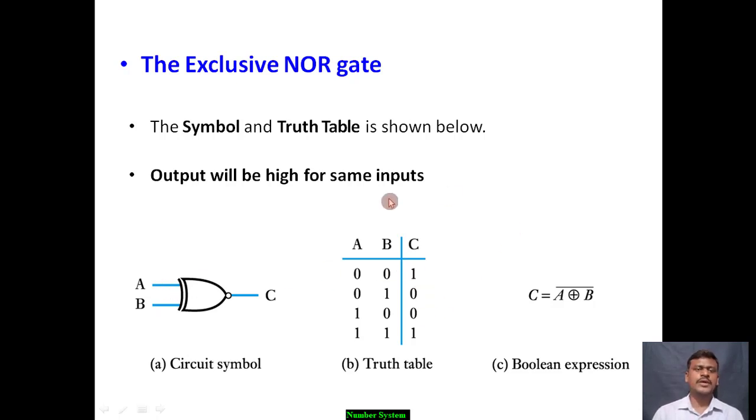So this is how an exclusive NOR gate will work, and this is the Boolean expression. As you can see in the exclusive OR, A plus circle B, and if you place a bar on this equation, it will become the exclusive NOR gate. So this is all about the exclusive OR.